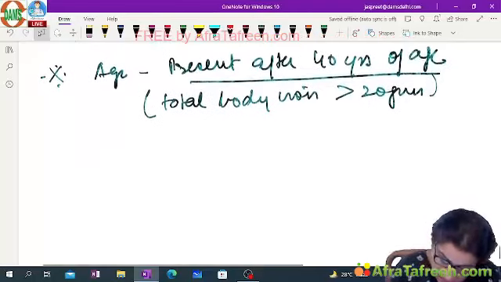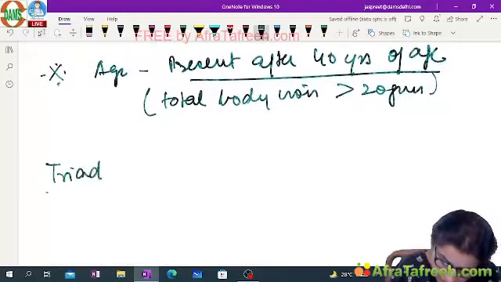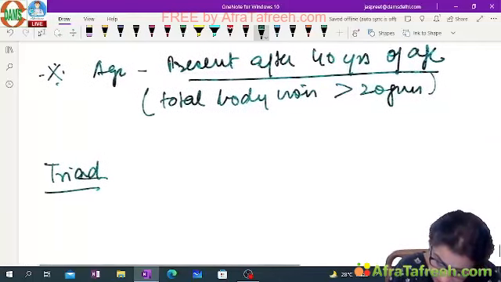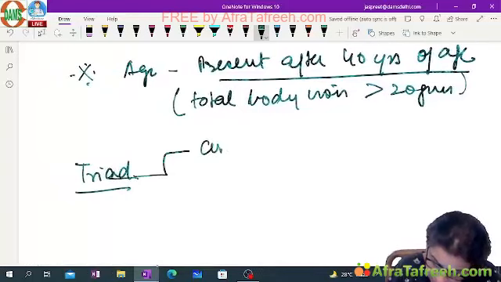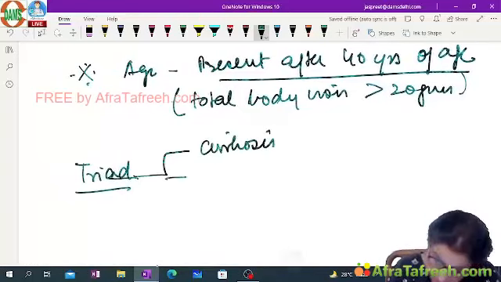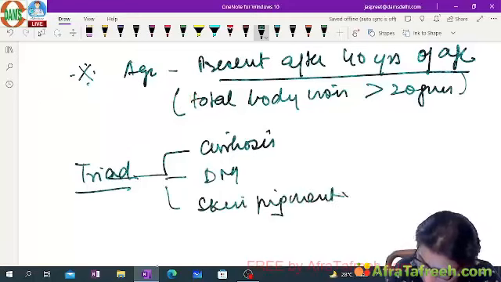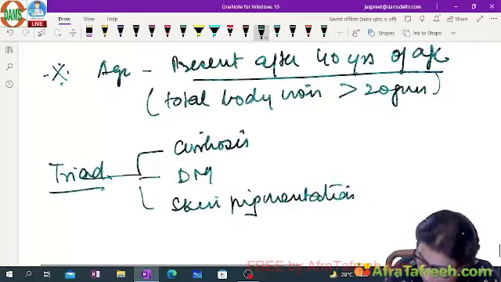And then there is this classical triad called bronze diabetes. The triad of hemochromatosis is cirrhosis, diabetes mellitus, and skin pigmentation. It's also called bronze diabetes.